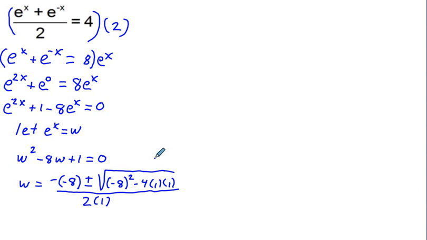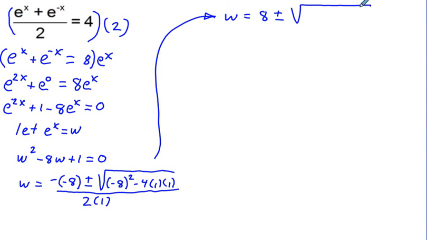So what we have here is w is equal to 8 plus or minus the square root of negative 8 squared, which is 64, and then 64 minus 4 is 60, and that's going to be over 2.